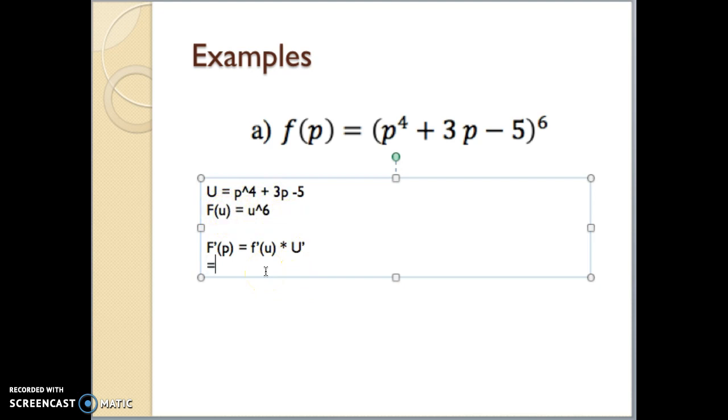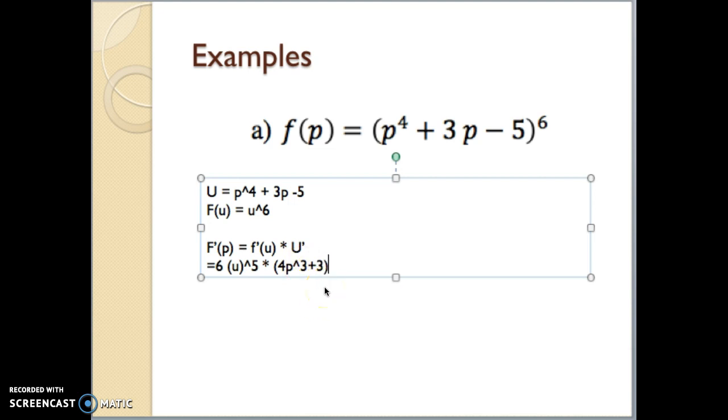So this is equal to 6 times u raised to the 5th. And then I'm going to multiply it by the derivative of the inside piece, which would be this one. So the derivative of that is equal to 4p raised to the 3rd power plus a 3.